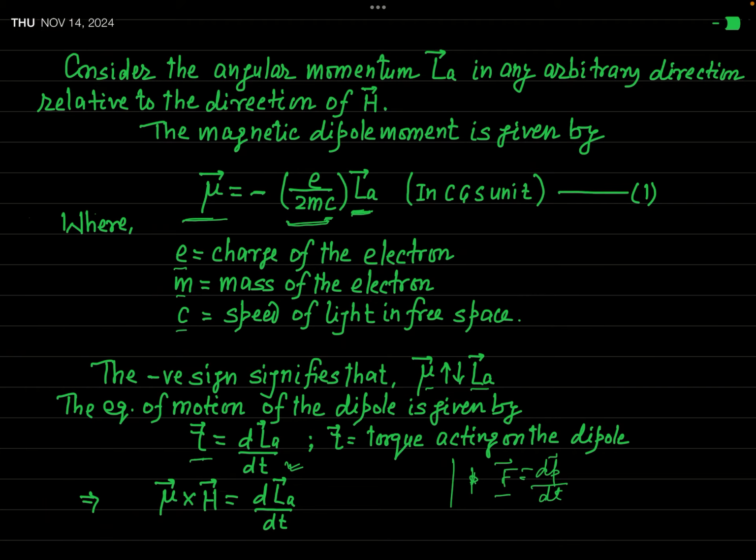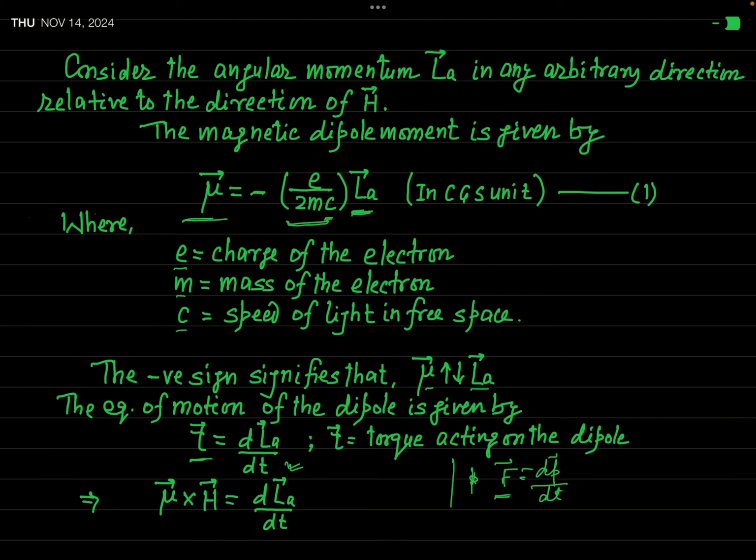Just like that, in rotational motion, torque is equivalent to force and angular momentum L is equivalent to p. So the equation of motion of this magnetic dipole can be written as tau equal to dLA by dt.